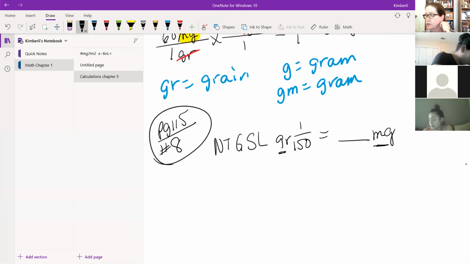Okay, so NTG is nitroglycerin. And if you look back, where were they talking about this at? Somewhere in this chapter, let me find it. Okay, on page 107, right in the middle, what does it say about NTG, where it says table 6.2, common medications dosed in grains and milligrams?